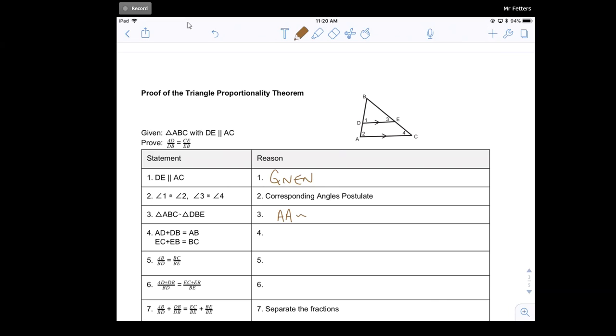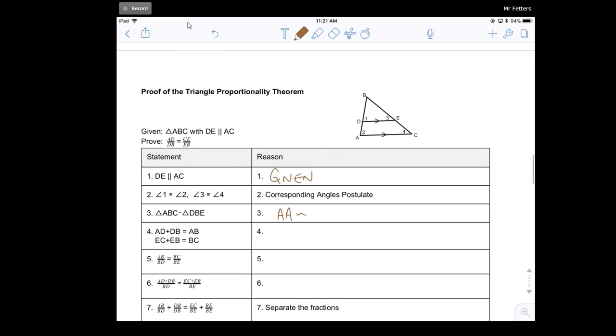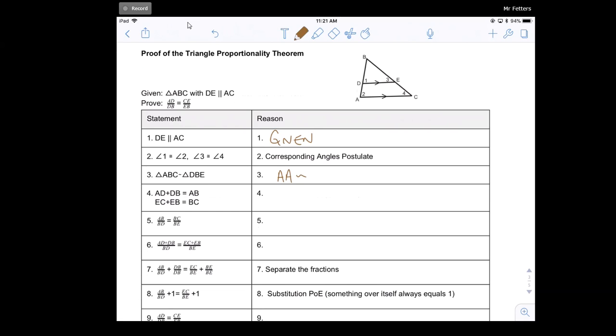So now we can say, okay, if I have AD plus DB, if I add AD and DB together right here, that is equal to AB. And if I take EC and add it to EB together, that is equal to BC. And what am I doing there?